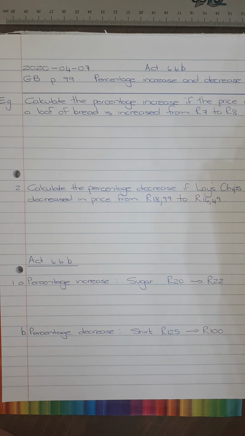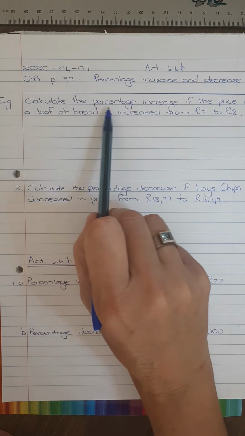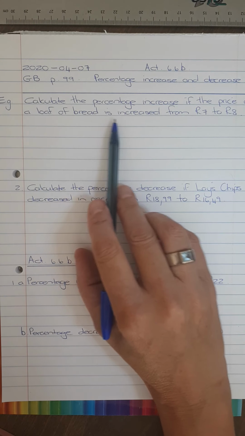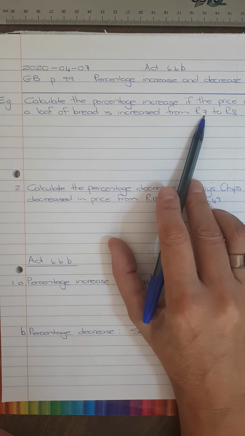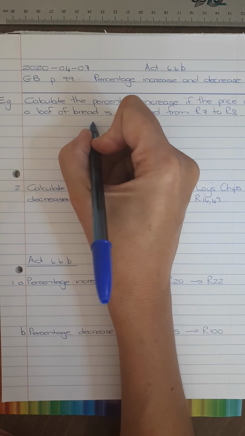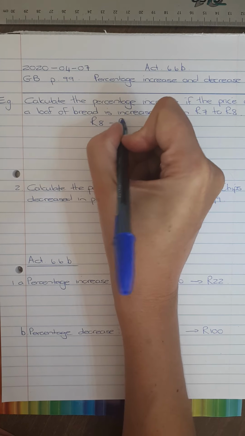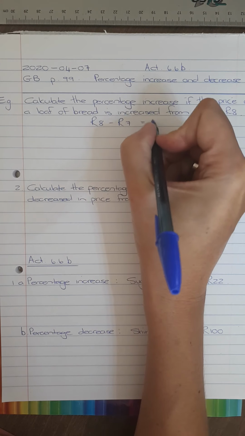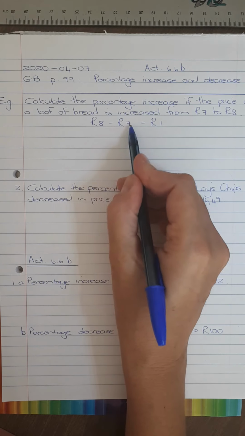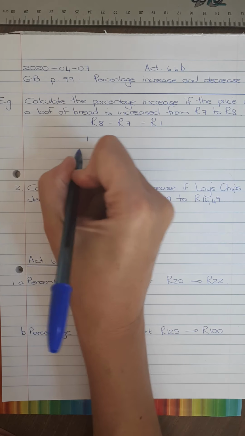Okay, so let me show you the first example. They say, calculate the percentage increase if the price of a loaf of bread is increased from 7 Rand to 8 Rand. The first step, 8 Rand minus 7 Rand, and then I get 1 Rand. I put this difference at the top.